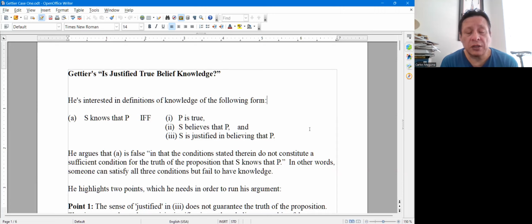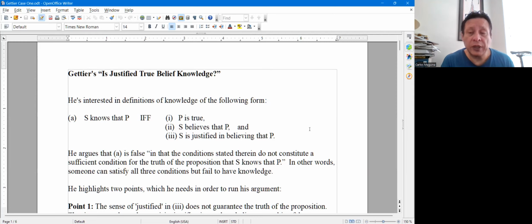The justification pertains to the means by which you have acquired this belief. Not any old kind of means will count for justification for the belief. If you flip a coin and somehow manage to formulate a belief, let's say it's heads, so I believe P, or it's tails, so now I believe not P, you don't have justification.